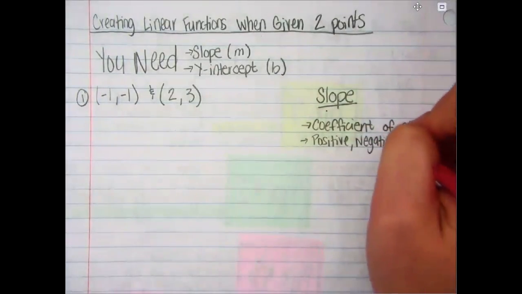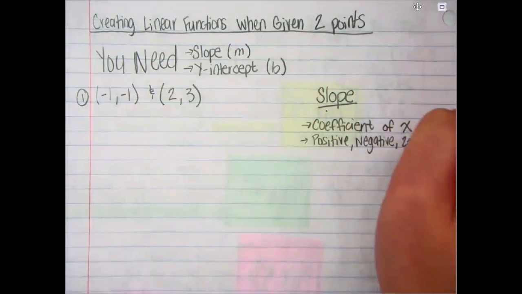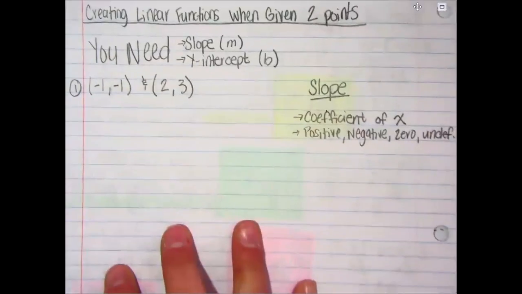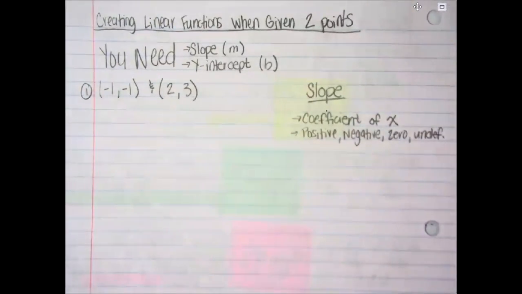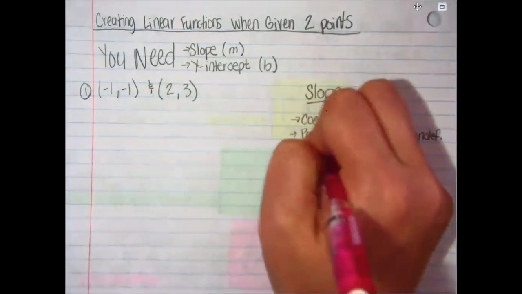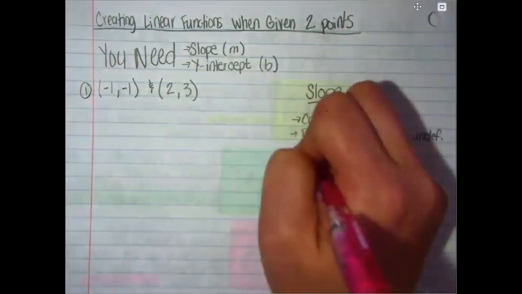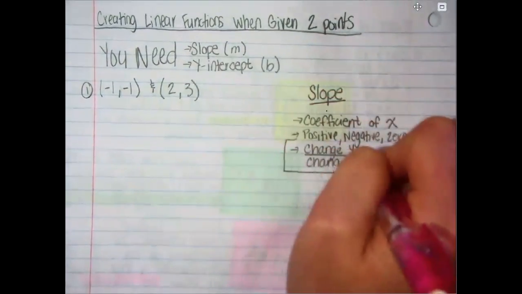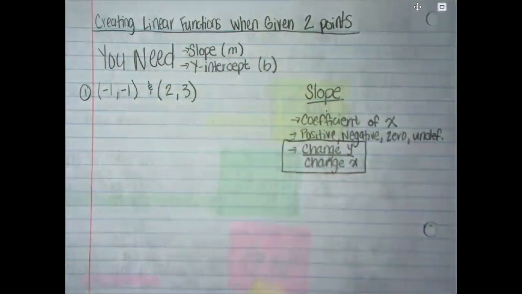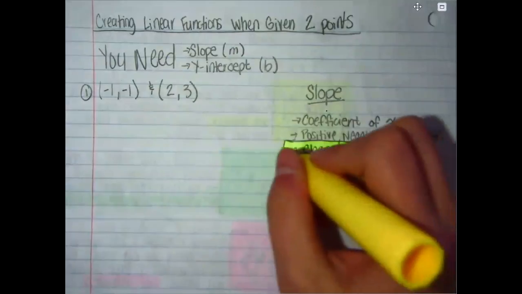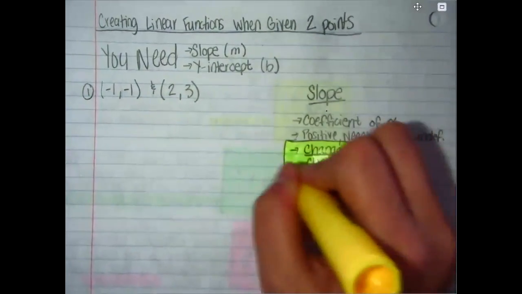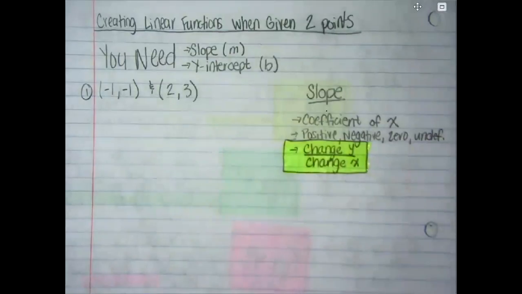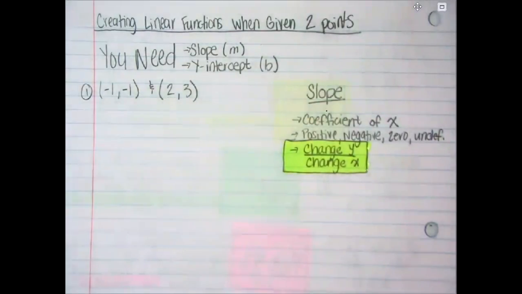You can have positive slope, negative slope, zero slope, or undefined. It's the change of y over the change of x. You need to know this. That's why we spent a week with similar triangles, figuring out slope, talking about change of y and change of x. It's important for you to know.